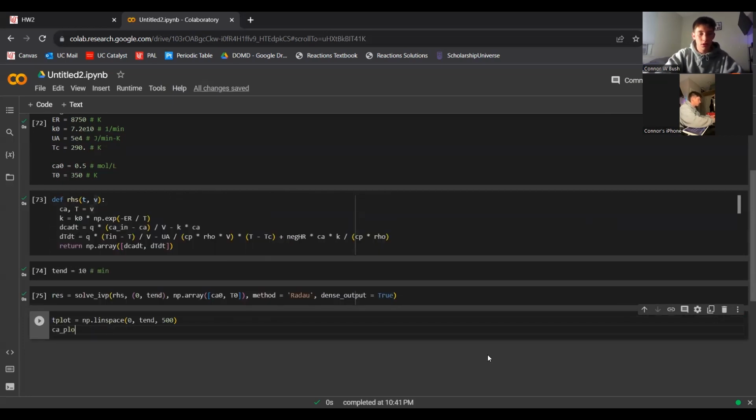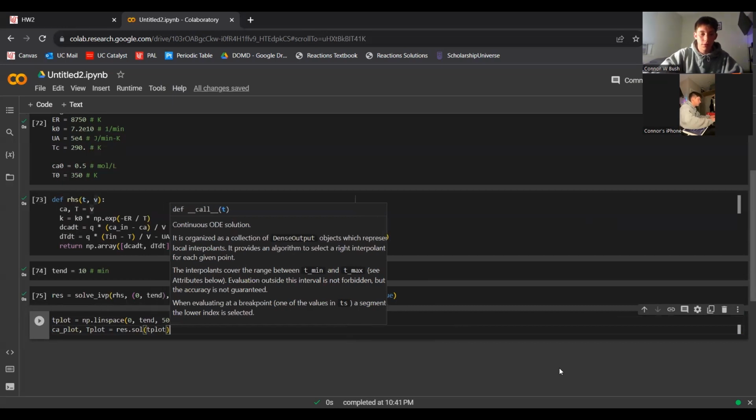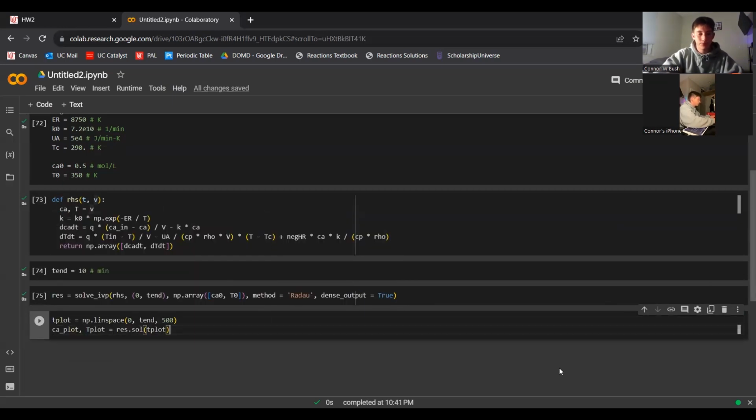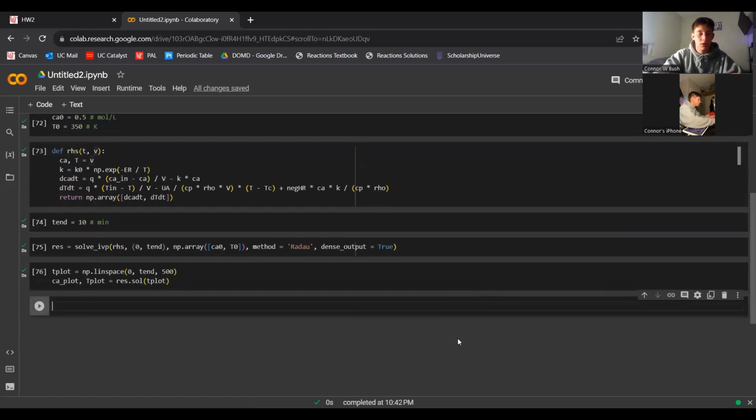Our CA plot and T plot are going to be calling the solution of this solve_ivp, and we're going to be using that t_plot for the x values. We'll keep that separated. So we're going to make the plots now.